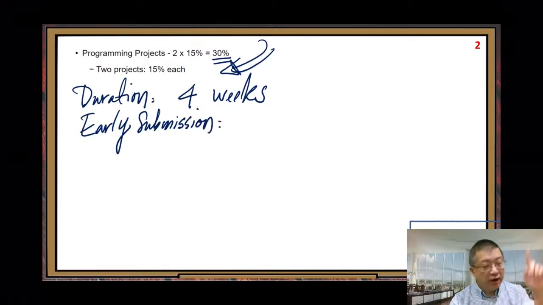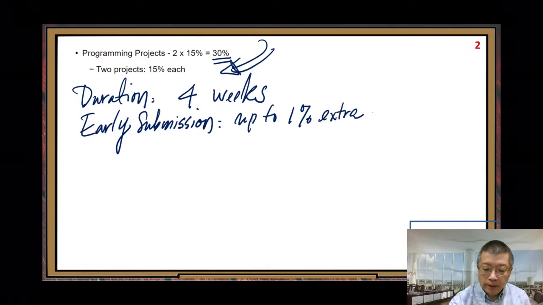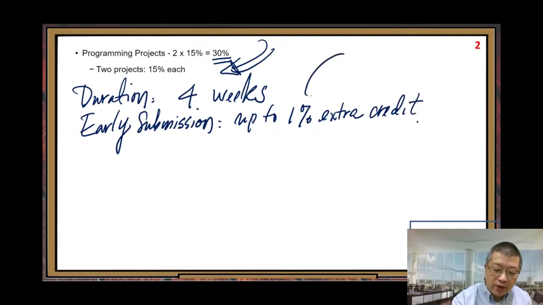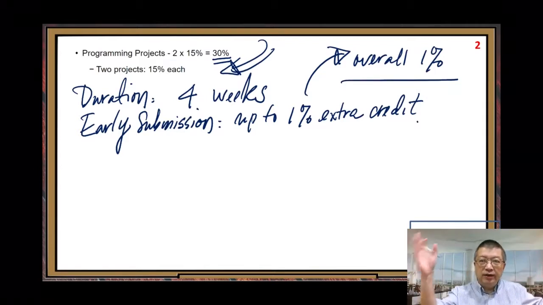With early submission, you can earn up to 1% extra credit. That 1% means the overall 1%. So that's pretty significant. In the final grading, 100%, your extra credit is worth 1% of that whole overall final grading. So that's really something.